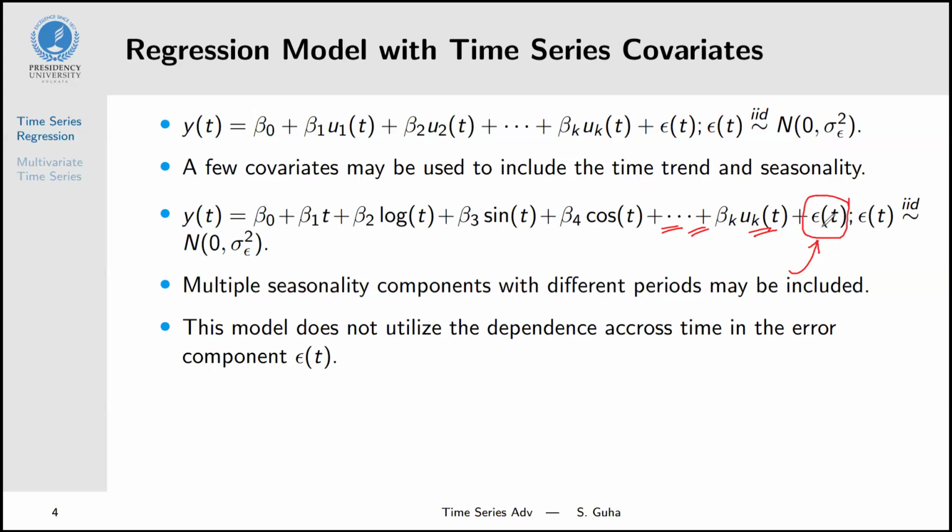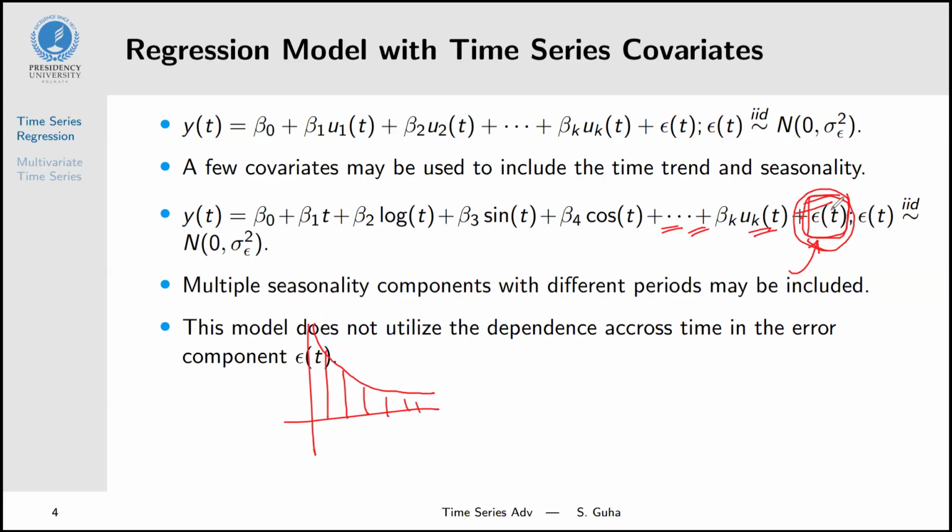Since they create a time series, and this error part is created by considering all these unaccounted time series, it should also have some kind of dependence or autocorrelation in it. So if you look at the autocorrelation of this unaccounted part, it is expected to show some dependence across time.